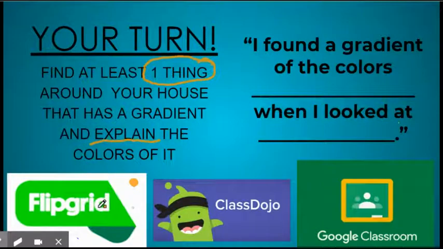But if you're not in Miss Jensen's class, remember you can go to Class Dojo or Google Classroom. I think it would be best if you go to Class Dojo because Class Dojo lets you record videos and then you can explain yourself even better. If you are not 100% sure on Class Dojo, you can still go to Google Classroom and we have our folder for our choice board return.